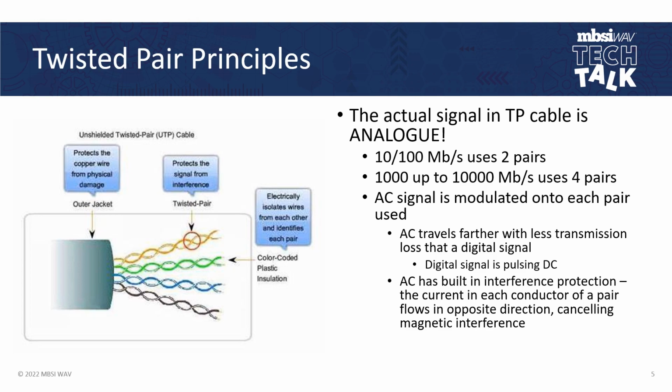With alternating current, with the analog AC traveling down the twisted pair, the two magnetic fields tend to cancel each other out. There's a magnetic field around each conductor. The AC tends to cancel the magnetic field out from the other one, so there's less influence between the two pairs, and I can send that signal over a much larger distance.